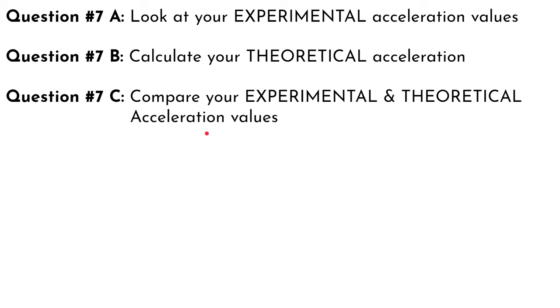So, step by step for question 7. In 7a, I'm asking you to look at your experimental acceleration values. This is your spreadsheet. In 7b, I ask you to calculate your theoretical acceleration. So that's that derived equation. Then in C, I'm asking you to compare, did you get the same results?